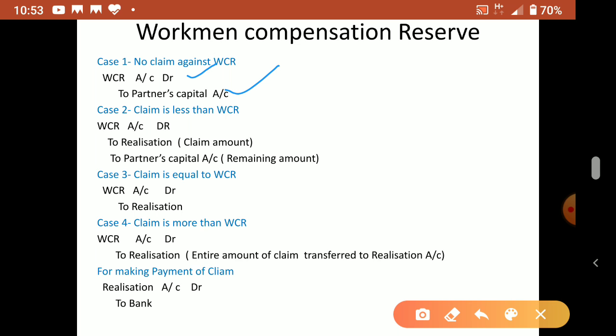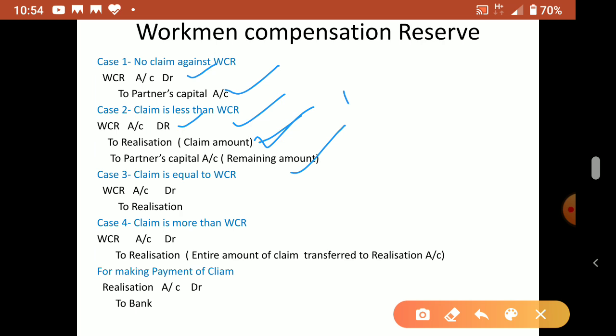If the claim is less than WCR, that is, the reserve is more and the claim is less, then what we have to do: WCR account debit to realization, then to partners' capital account. So whatever claim is there, that equal amount we transfer to the realization account, then the remaining amount will be transferred to the partners' capital account, okay.